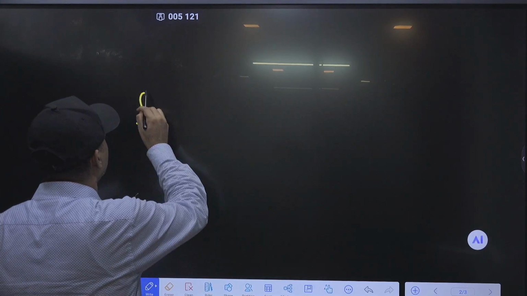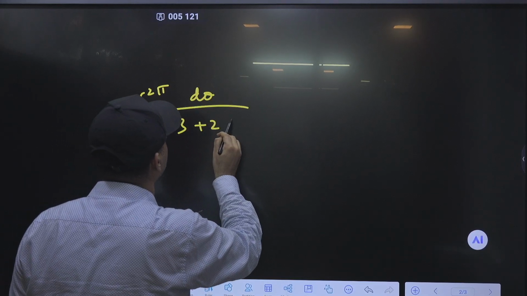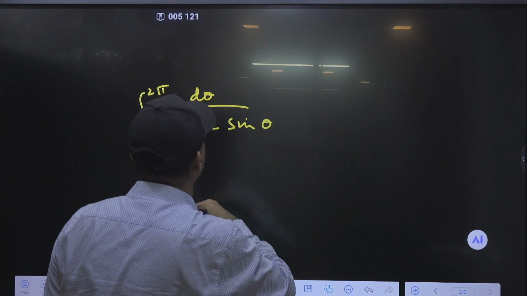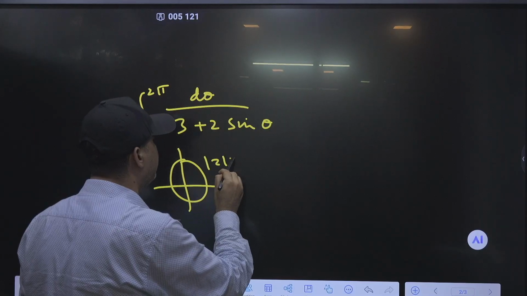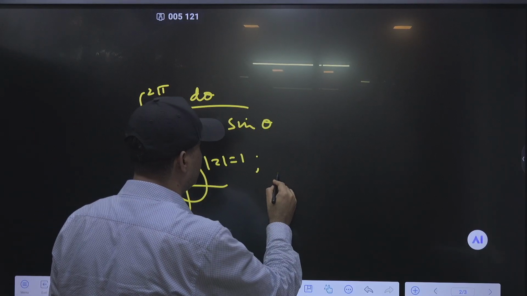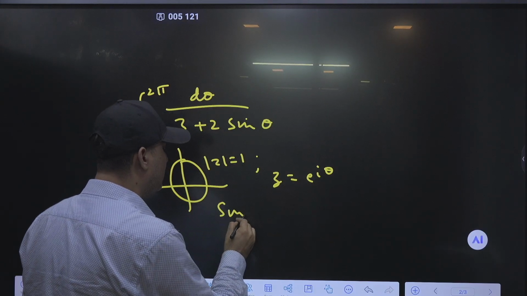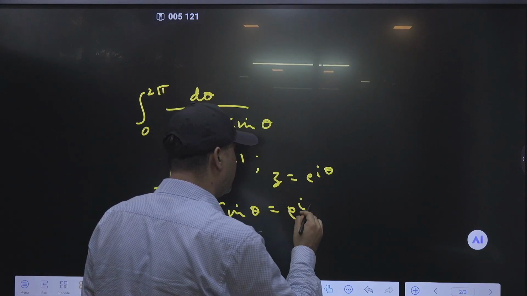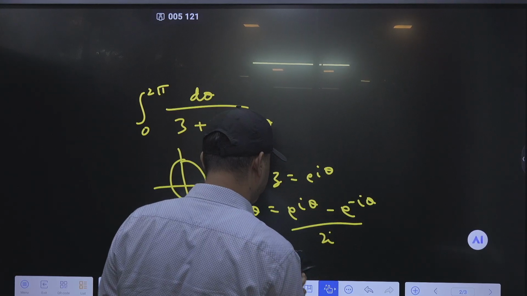So I have a question: the integral from 0 to 2 pi of d theta upon 3 plus 2 sine theta, right? Now this is on a unit circle. So on a unit circle, I can very well say that z is equal to e to the power i theta, correct? And sine theta is nothing but e to the power i theta minus e to the power minus i theta upon 2i.